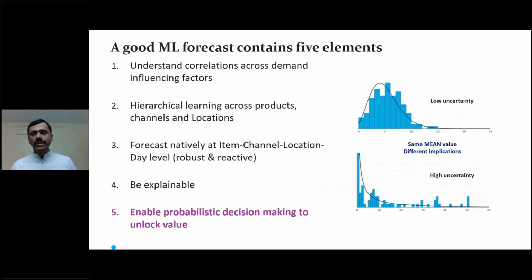As you see, these two distributions of forecast have the same average value, the same mean value. But as you can very clearly make sense of, the way I would treat the first product on the top, which has lower uncertainty and a very tight distribution, is different from the other product on the bottom part of the screen, which has a very high degree of uncertainty and a large tail on the probability.